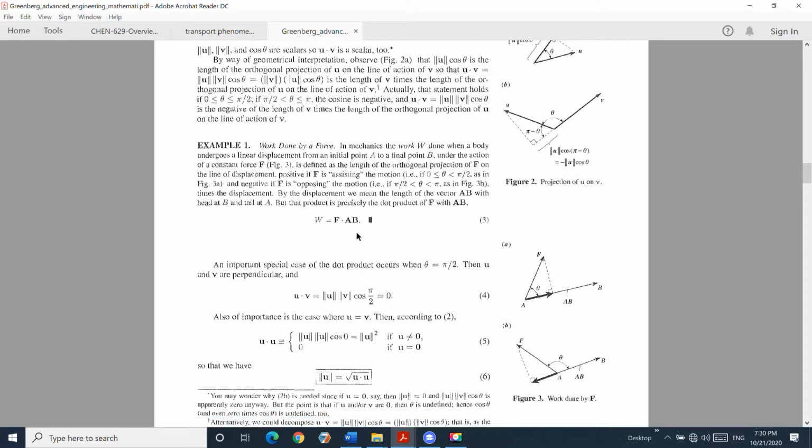Based on this definition, by displacement we mean the length of the vector AB. What does this represent?